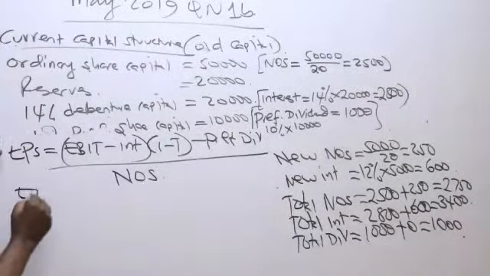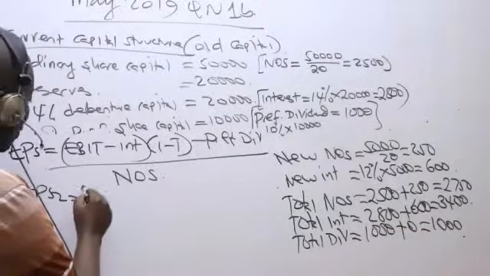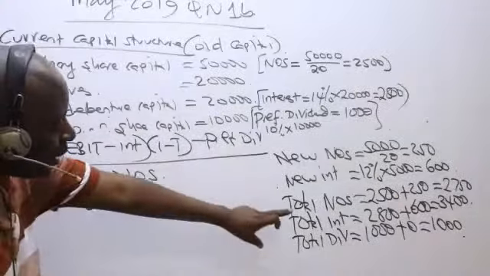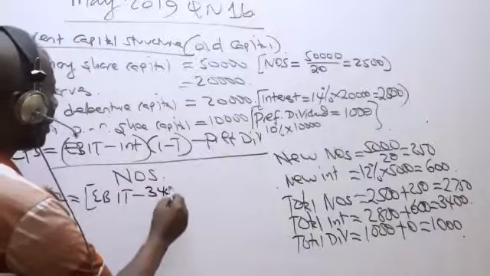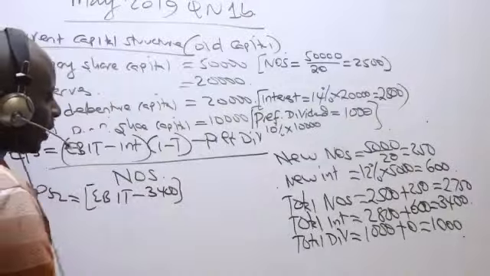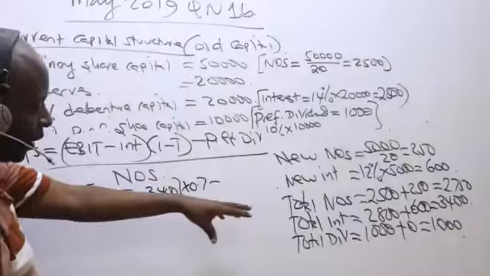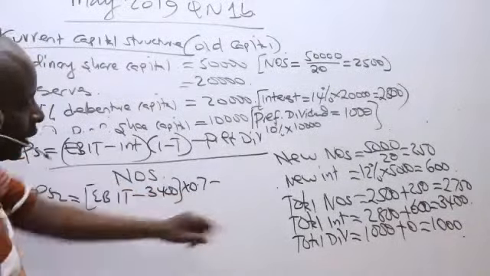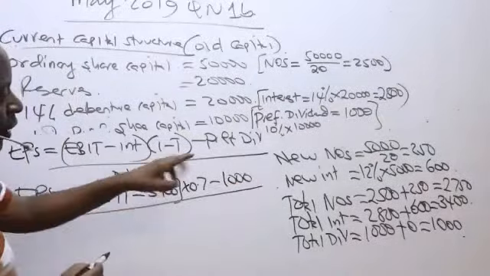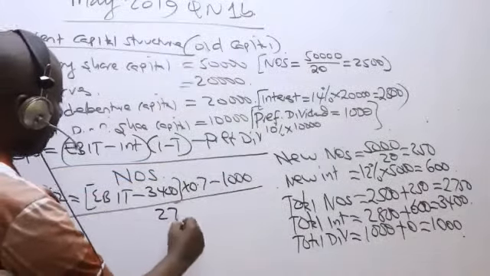So EPS2 will be equal to EBIT minus the total interest, here 3,400, times 1 minus 30% tax, which is 0.7, minus the preference dividend of 1,000, all over the total number of ordinary shares, 2,750.